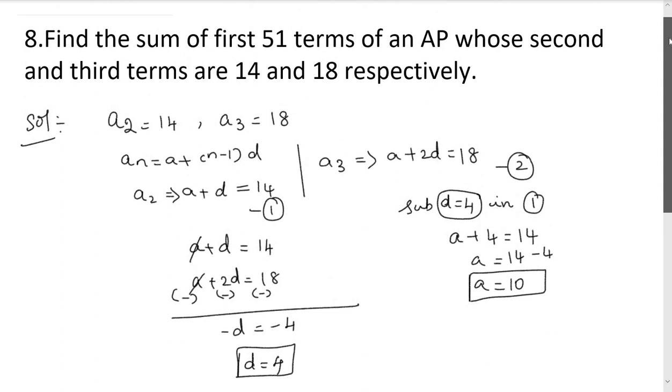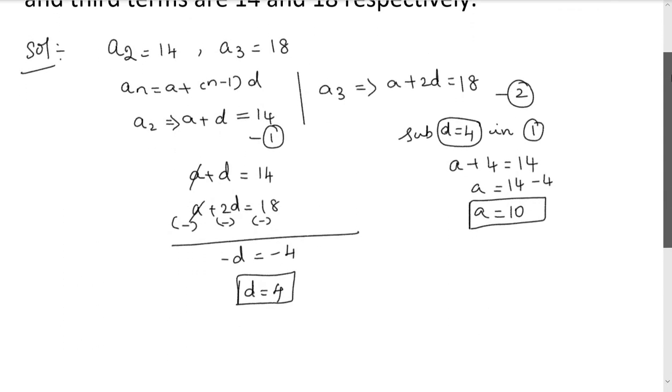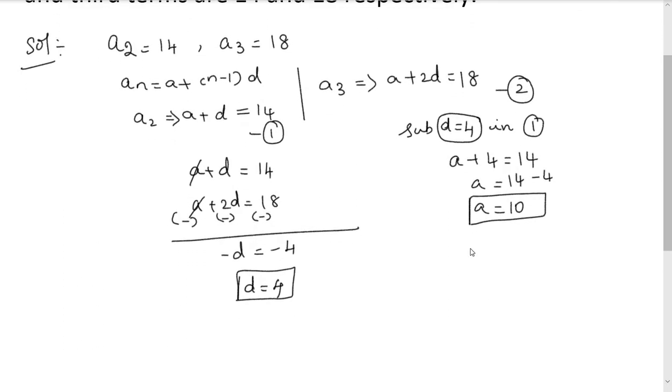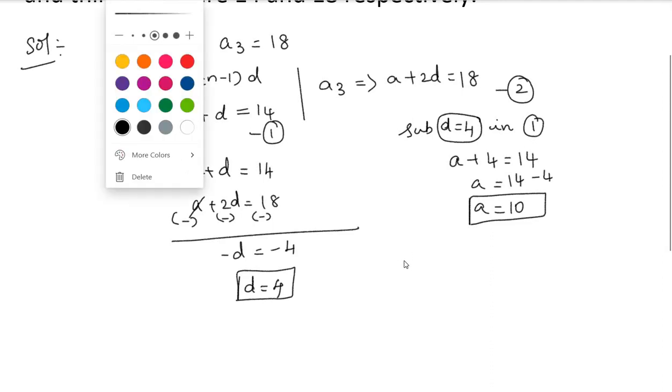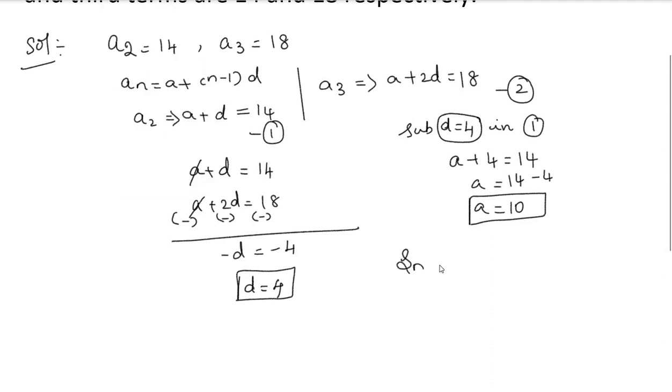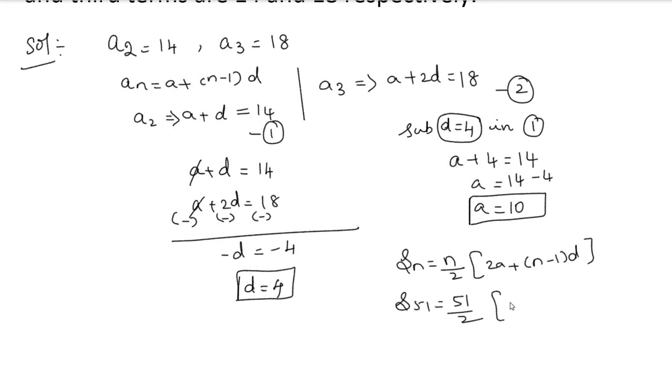Now I'm going to find the sum of 51 terms. Shall we find it? Yes. Sn is equal to n by 2 into 2A plus n minus 1 into D. So S51 is equal to 51 by 2 into 2 into 10 plus, n is 51, so 51 minus 1 into D, which is 4.